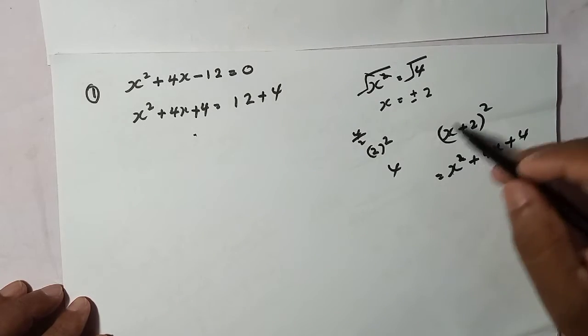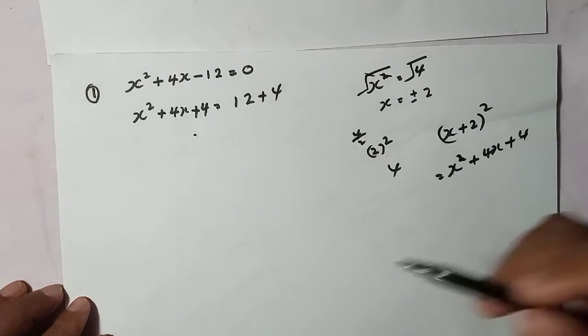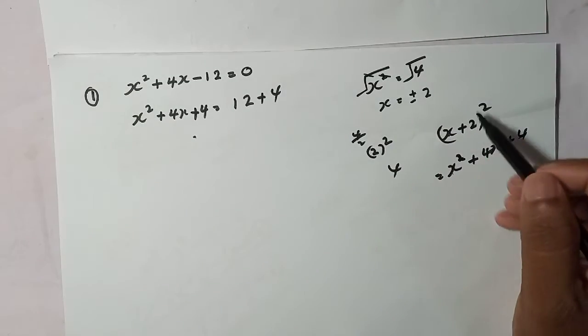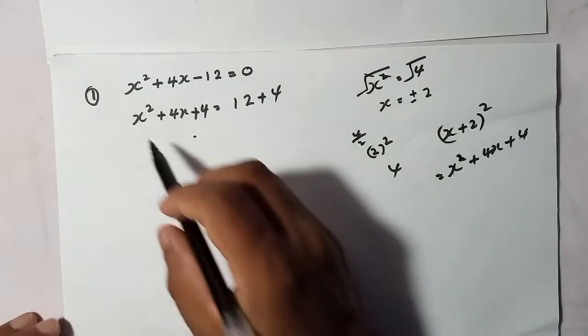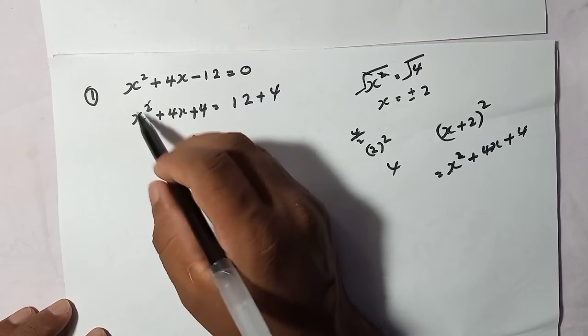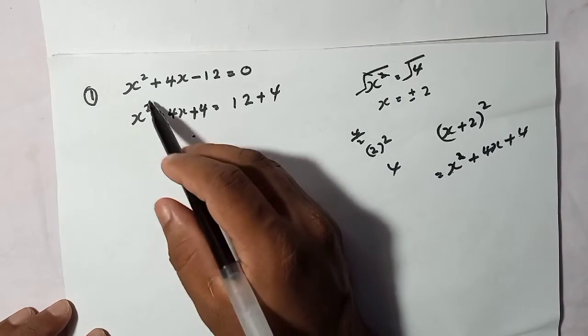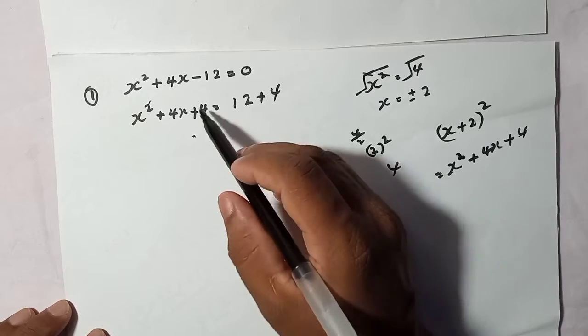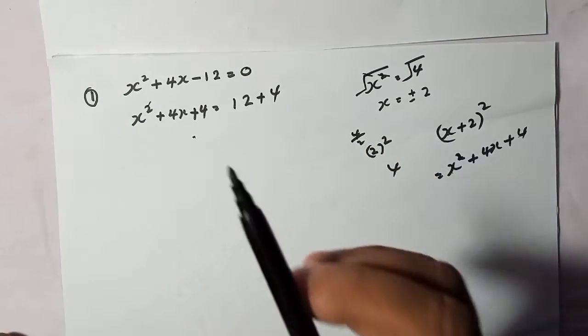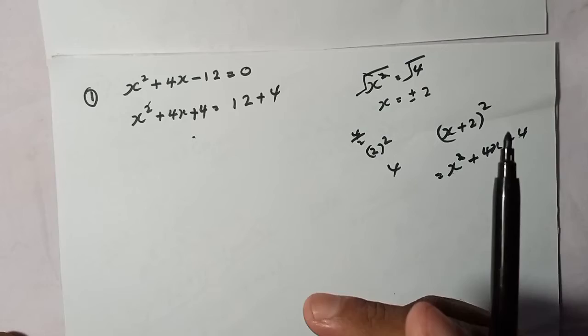Now, I wrote it here, but there's another way. When you have this, you can get the complete square quickly this way. In this completing square method, there are two main things you have to remember.